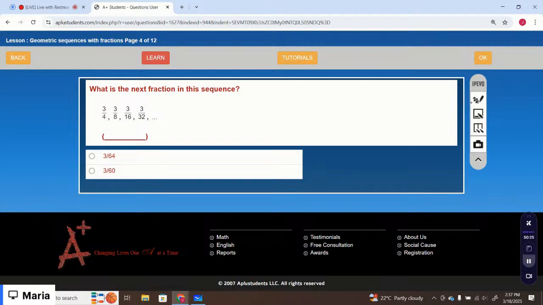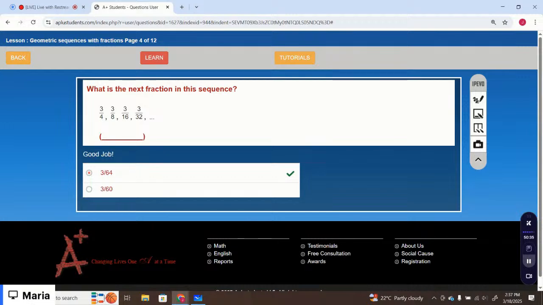So just look at the denominators. 4 times 2 is 8. 8 times 2 is 16. 16 times 2 is 32. So 32 times 2 is 64. That would be 3 over 64. Option number one is the correct option.